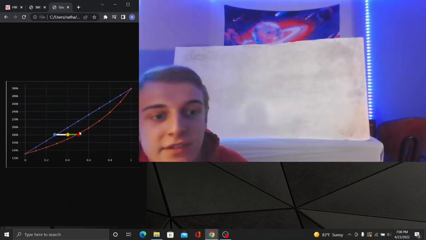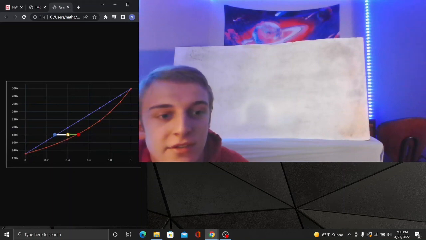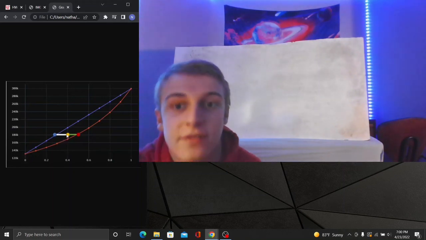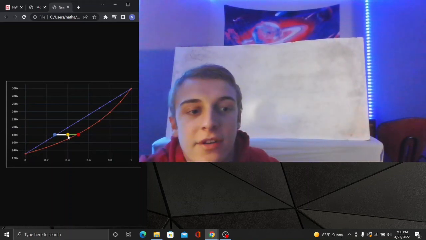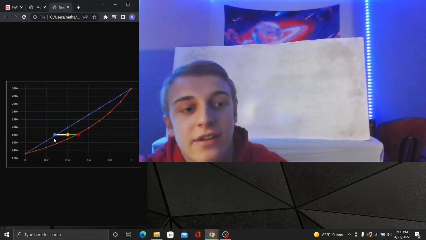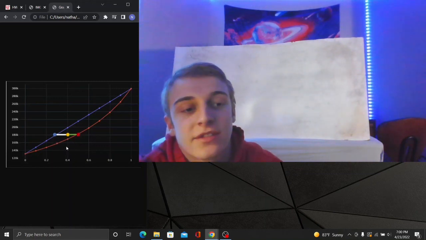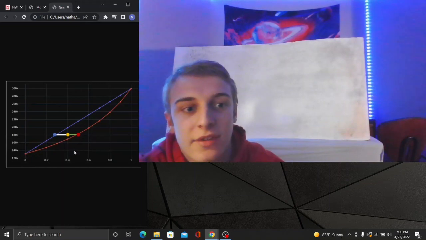And these little dots in between are our mole fractions of the more volatile component in our mixture. So this yellow one is the mole fraction of the more volatile component, and then the blue and red ones represent the gas and liquid mole fractions of the more volatile liquid.